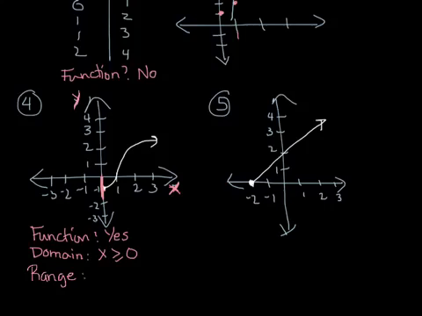So if you look up and down, the first place that it starts is right about here. It's actually at -1. Once again, even though it looks like it keeps going off to the right, we're going to assume that it keeps going up. So because of that, we're going to assume that it goes on forever and ever. So we are going to say y is greater than or equal to -1.